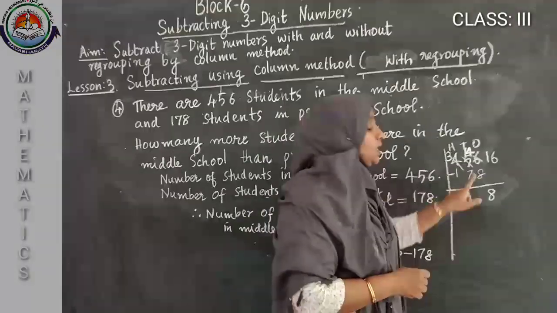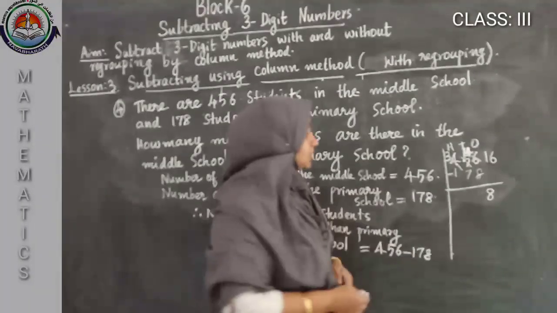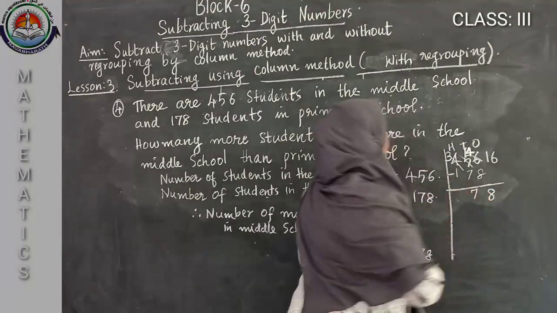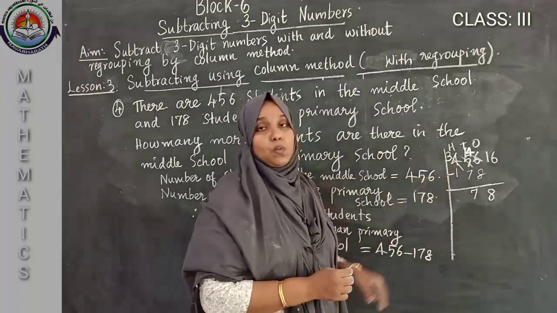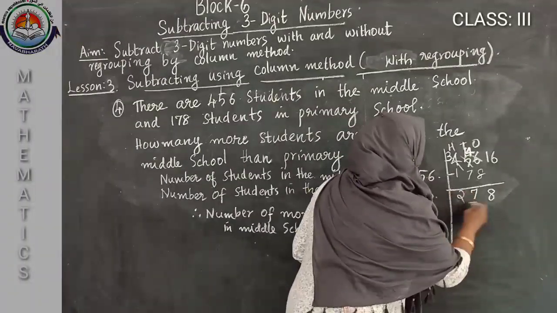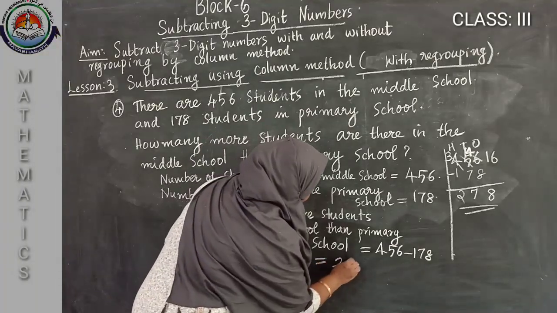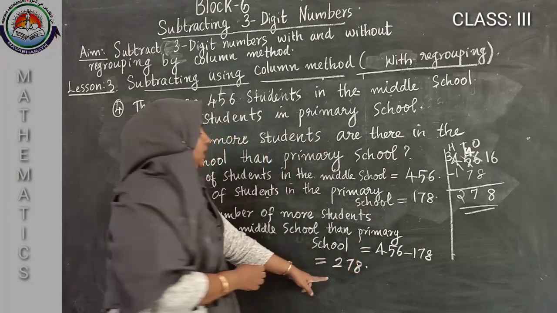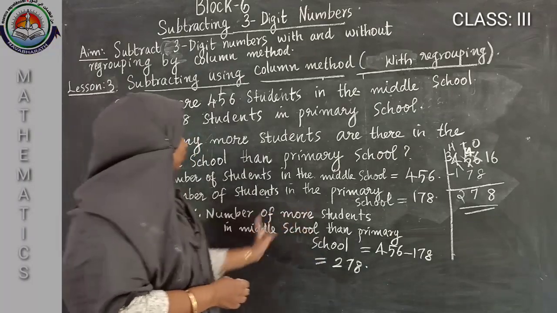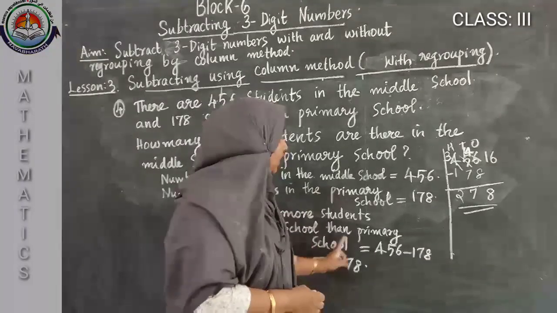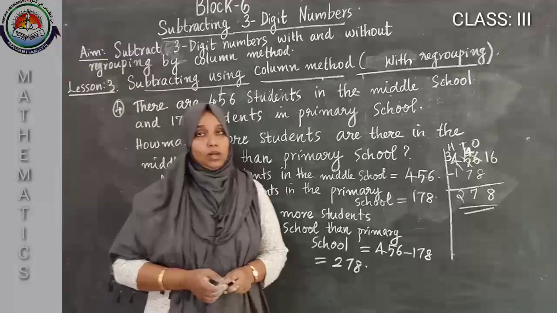So 14 minus 7 is 7. Then 3 minus 1 is 2. So the answer we got is 278. 278 more students are there in the middle school than primary school.